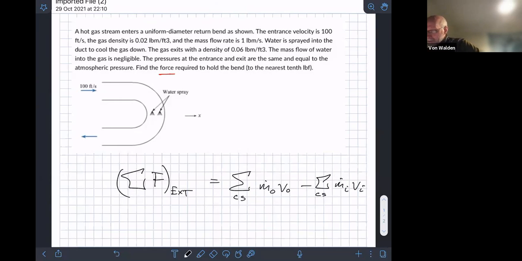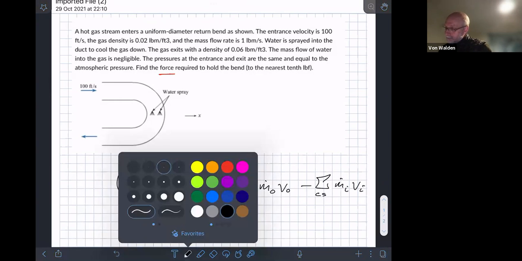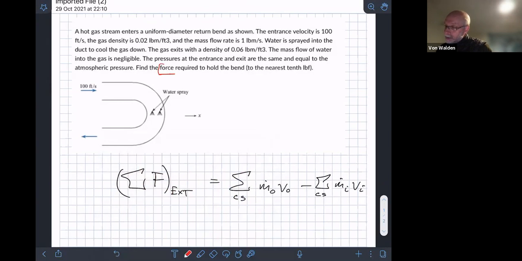So outflow minus inflow of momentum. And we know that when the problem asks us for forces, we are going to use this equation because the forces end up showing up over here.